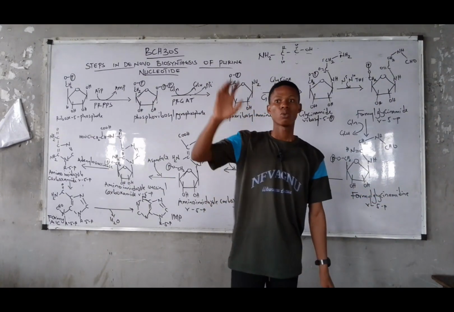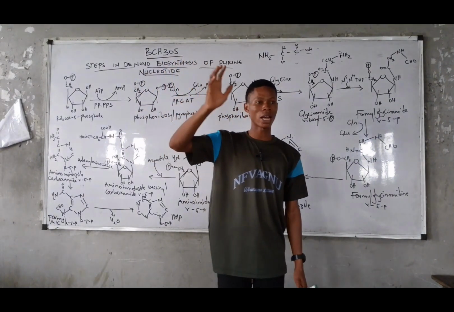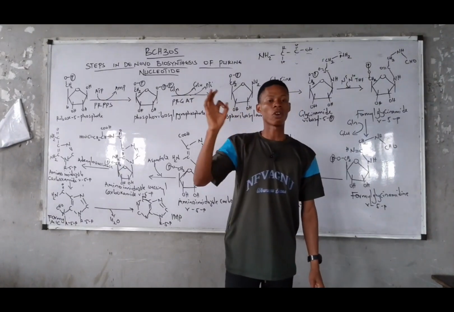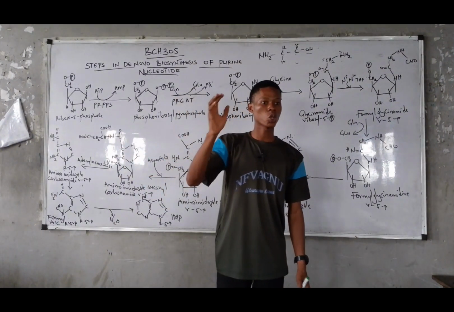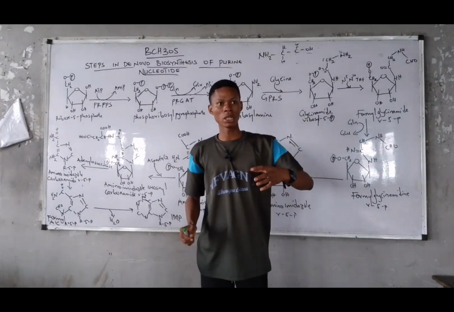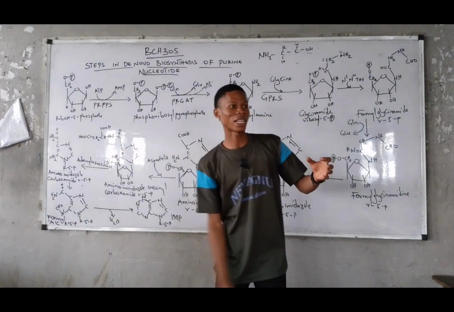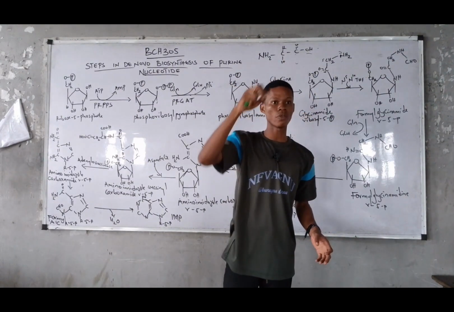Don't forget, we started from ribosyl phosphate. We activated it to what? Phosphoribosyl pyrophosphate. From phosphoribosyl pyrophosphate, glutamine came in to form what? Phosphoribosylamine. From phosphoribosylamine, glycine came in and we got glycinamide ribosyl-5-phosphate.